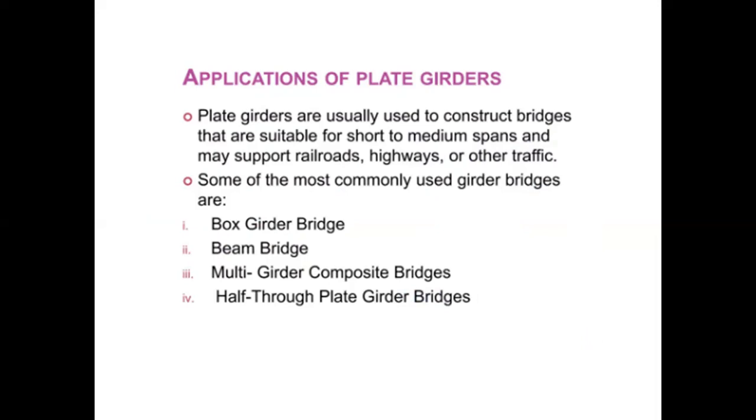The common types of girder bridges are box girder bridges, beam bridges, multi-girder composite bridges, and half-through plate girder bridges. In this class, we'll see in detail what a box girder and a bridge beam girder are.